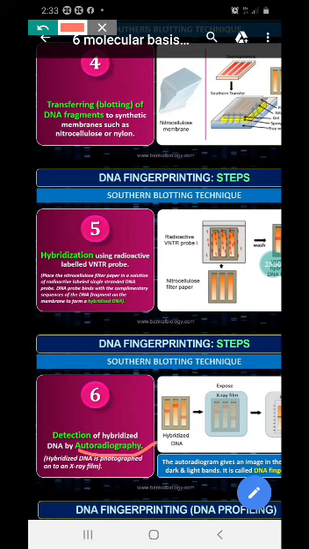And you can see the match, whether the sample from the crime scene matches either of the suspects, or the child's supposed father. Whoever is the father, there will be a match between the barcodes. So the criminals can be easily identified, and the paternity of the child also can be easily identified.